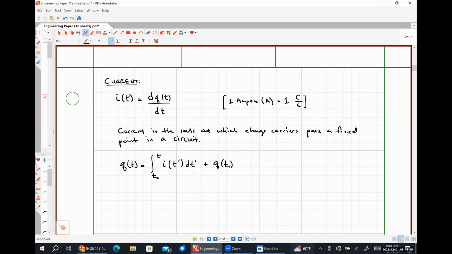Okay. So the first thing that I need to explain to you guys is what t naught means. Okay. So t naught is just a point in time at which the charge was a known quantity.